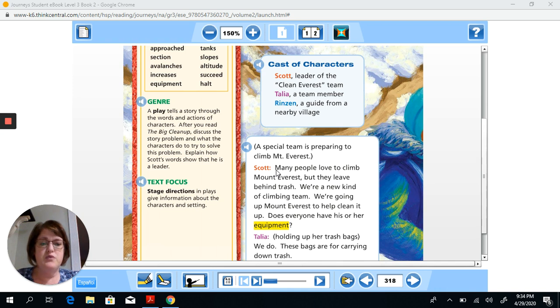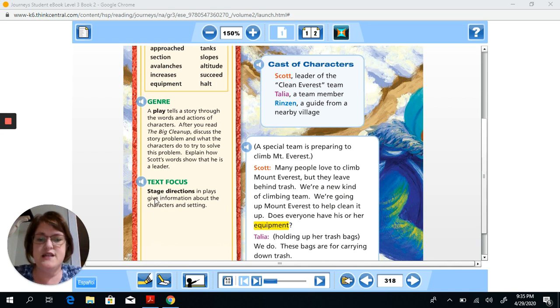But if this were actually written in a story format, what Scott says would be in quotation marks. So dialogue in a story has quotation marks. Dialogue in a play or drama does not have quotation marks. The characters, whatever they say, the author just writes it out beside their name, beside their speaking part, without quotation marks.